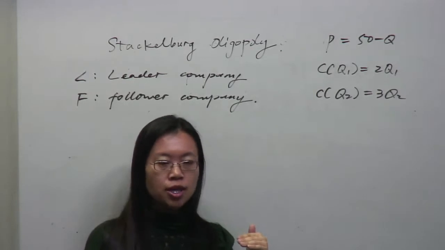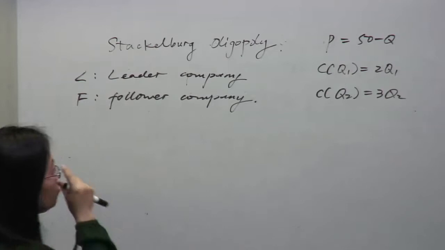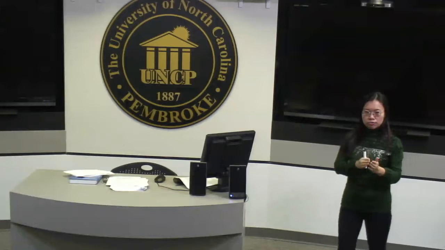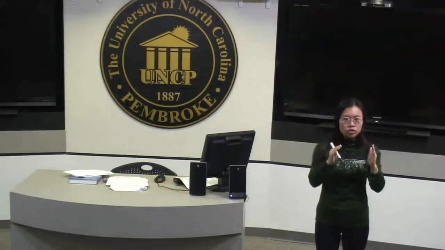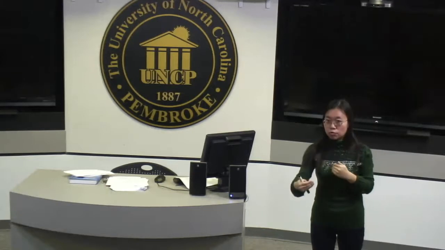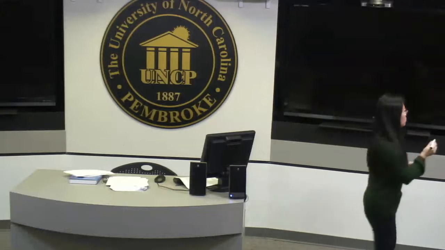The leader's decision is going to be different from the follower's decision. So how do we approach this problem? Basically there are two stages. In the first stage, the leader moves, then the follower observes the output chosen by the leader and makes the move afterwards. So there's stage 1 and stage 2.